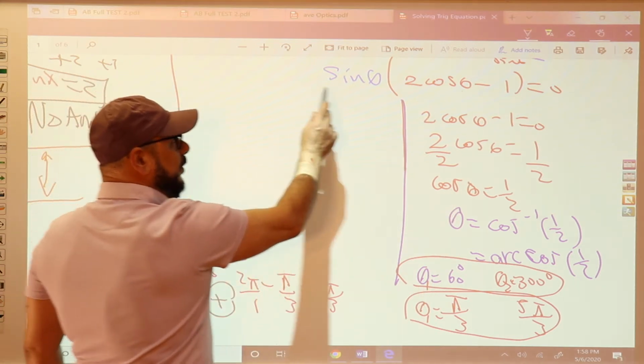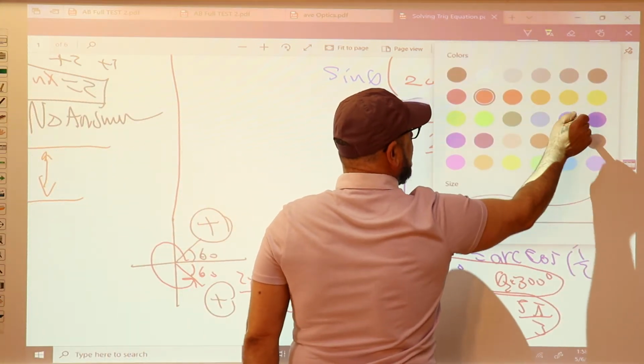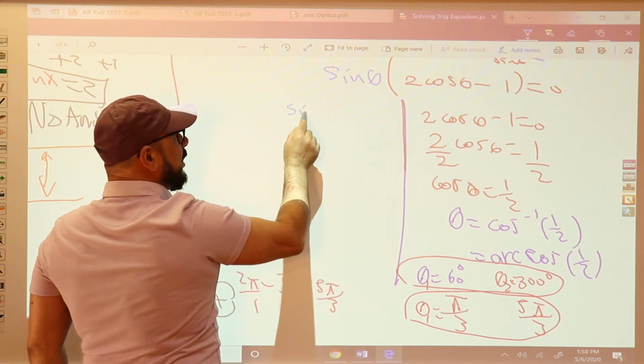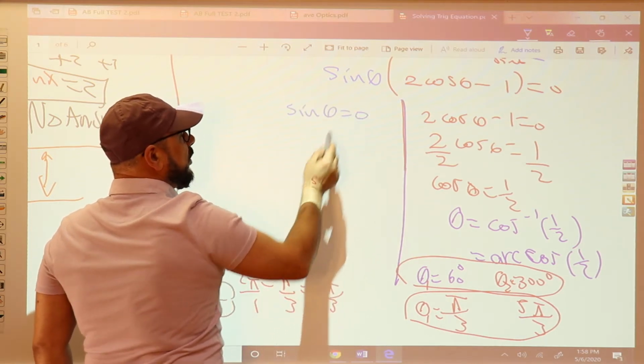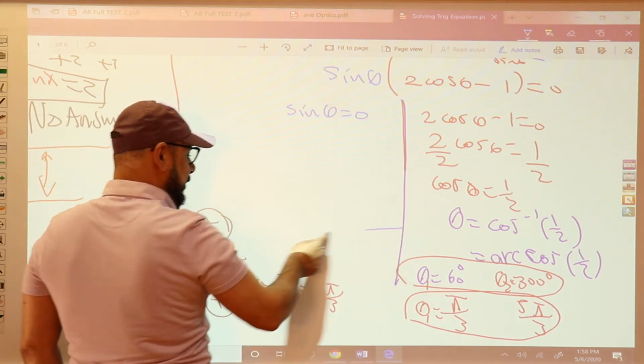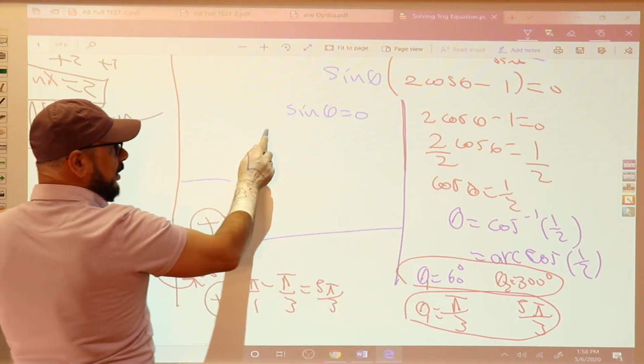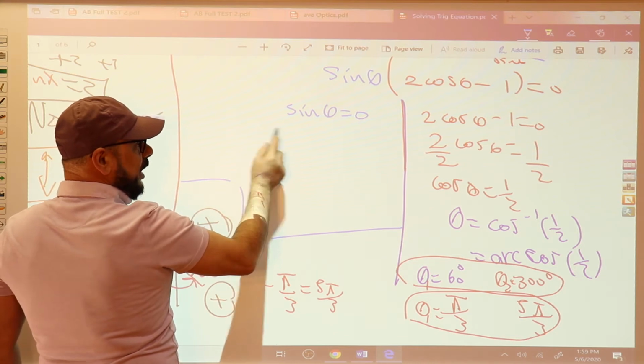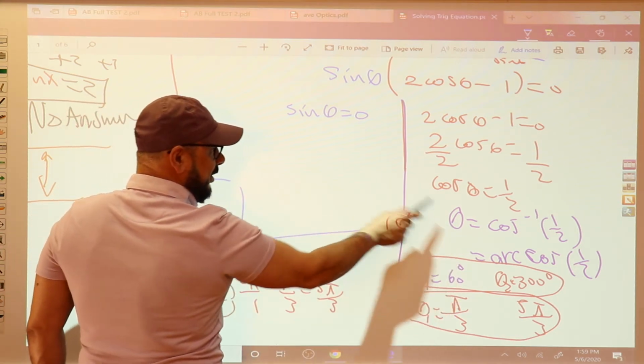Now let us go to this part, sine theta, the blue one. Sine theta equals 0. What does this mean in math? It means sine inverse, right? Look here.